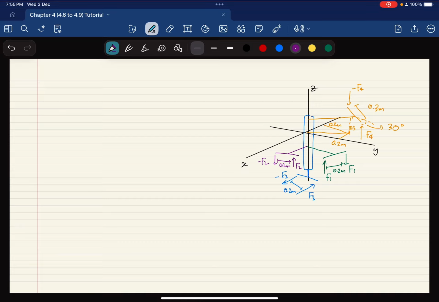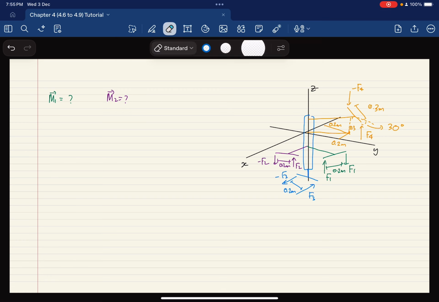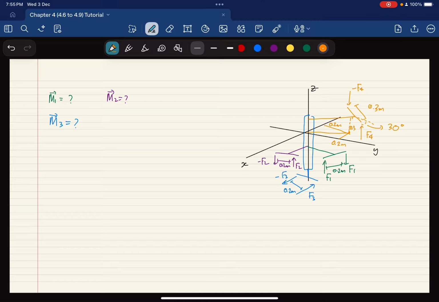First and foremost, we try to find the moment vector for F1. So we find the moment vector M1, then we find M2, M2 is purple by the way, M3 is supposed to be blue, and we find M4.